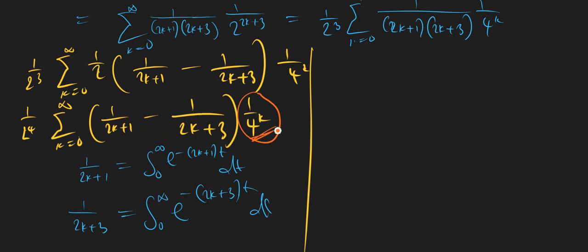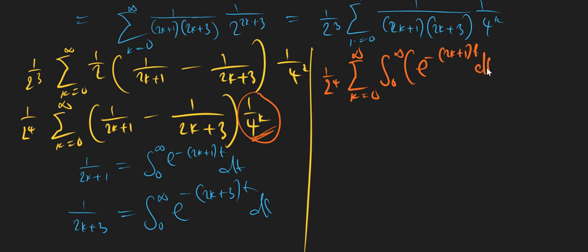So this is 1 over 2 to the fourth power times the sum as k runs from 0 to infinity of the integral from 0 to infinity of e to the negative 2k plus 1 t dt minus e to the negative 2k plus 3 t dt. So now we have two expressions right here.